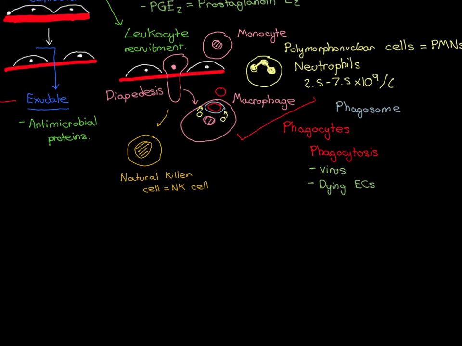So, what do natural killer cells do? Well, these are cells that can sense cells that are infected by viruses. They go around looking for virally infected cells, and if they find a virally infected cell, they will kill that virally infected cell. Now, how do they tell whether a cell is virally infected?